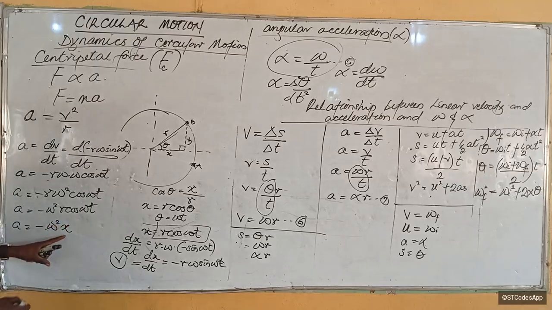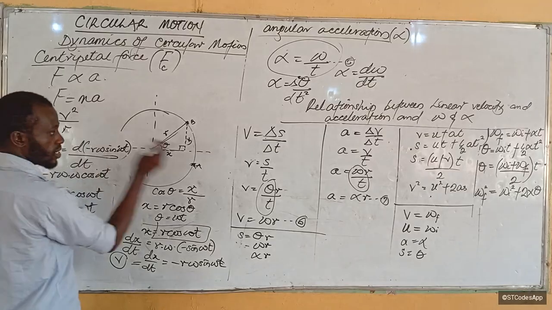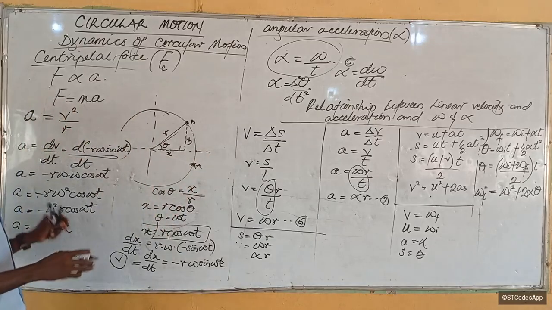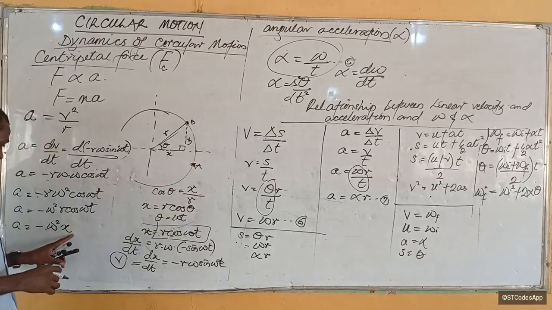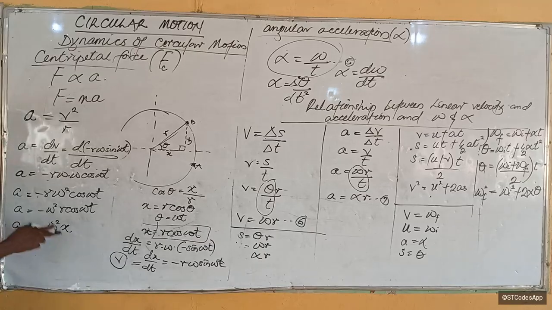Okay? So if my x is so long enough that it is equal to the radius of the circle, at which point the body is traveling at the maximum acceleration.